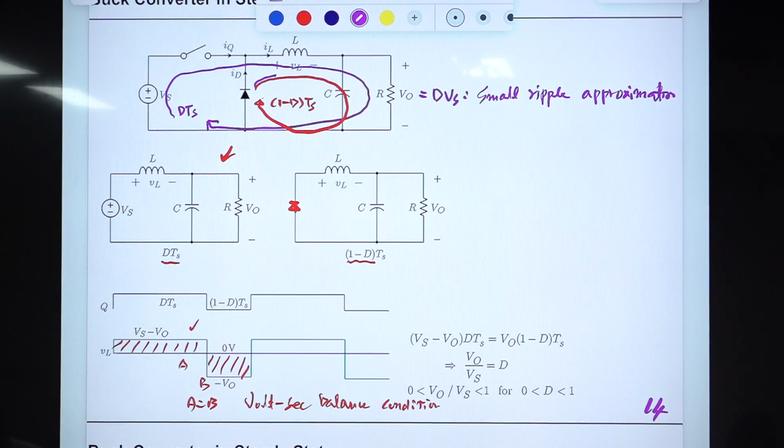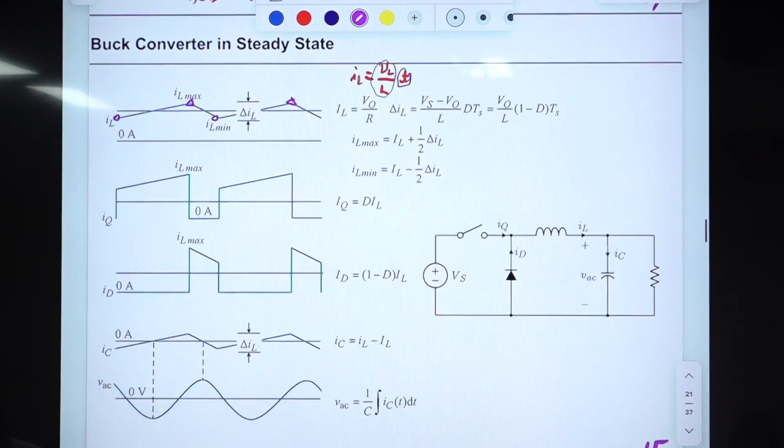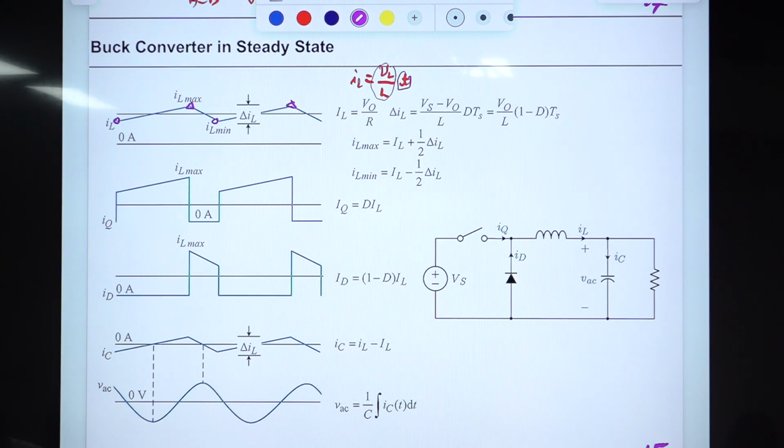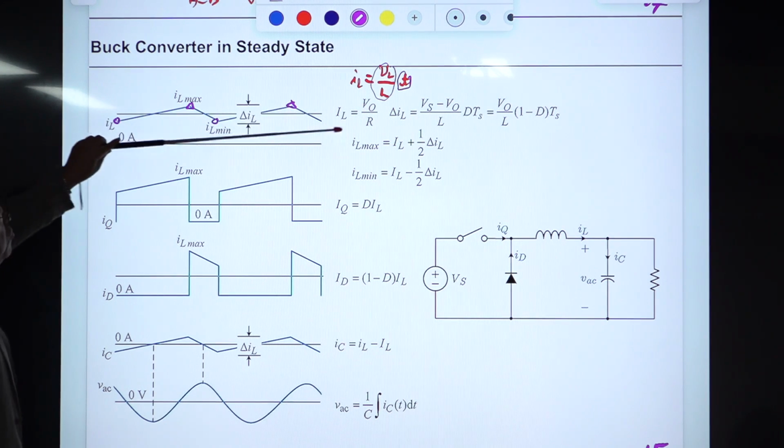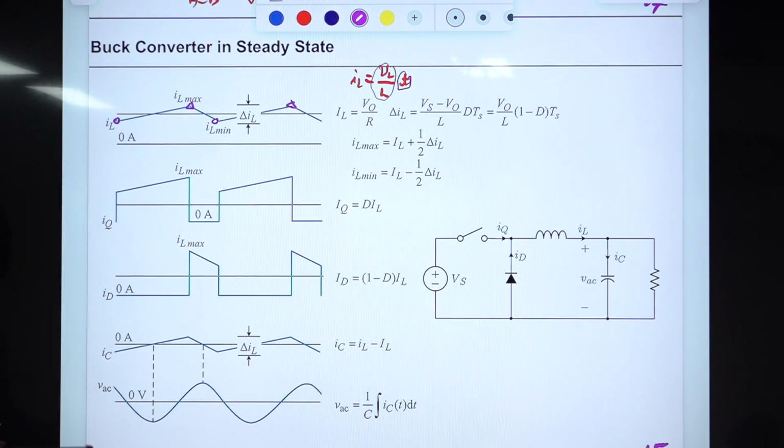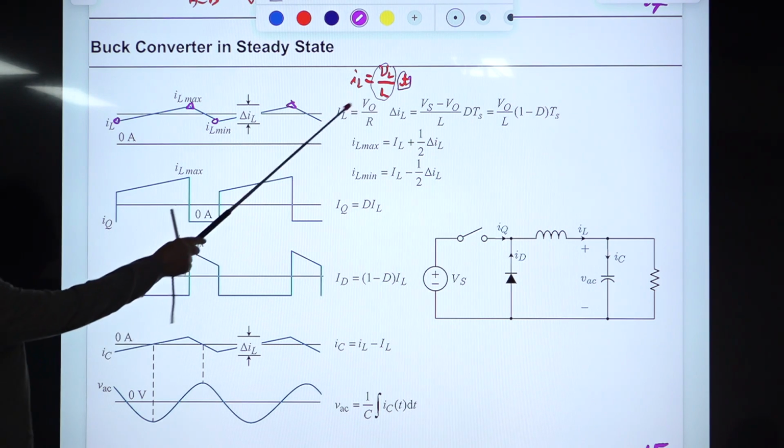And as I said, the average value of the inductor current should be the same as the load current, which is this. During the on-time period, where this voltage is positive and constant, the inductor current increases linearly. The equation for that is this.